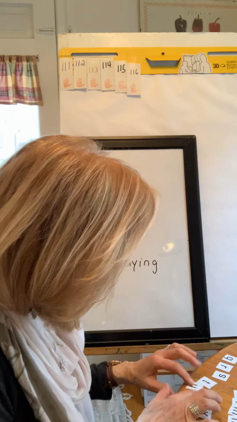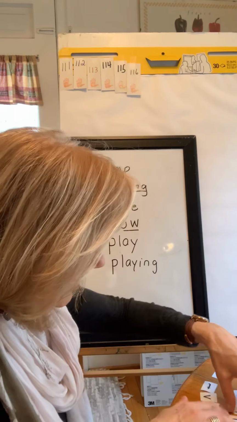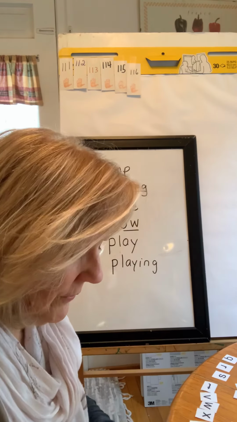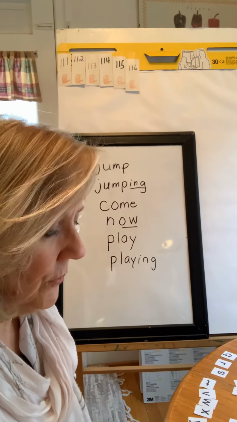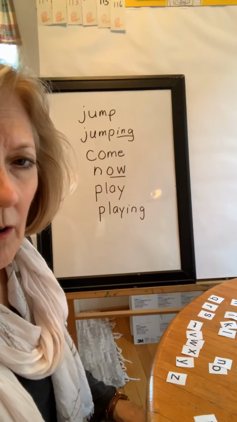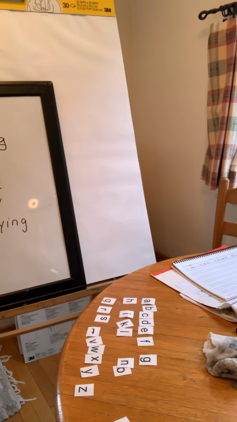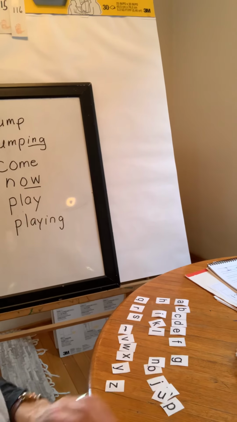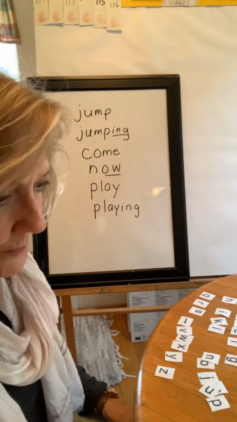You can J, U, M. So you know how to do that. You know how to get your letters and put them in order and start spelling all the words that you want to do. So you can do that just by yourself. You just go ahead and do that, and that will be extra practice.